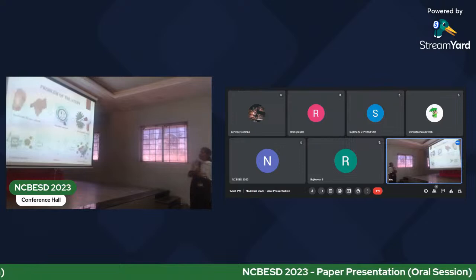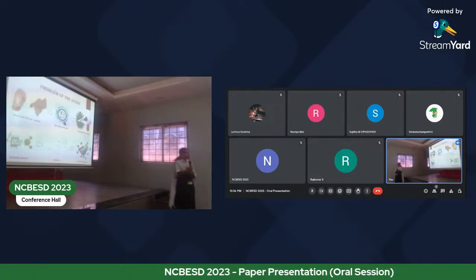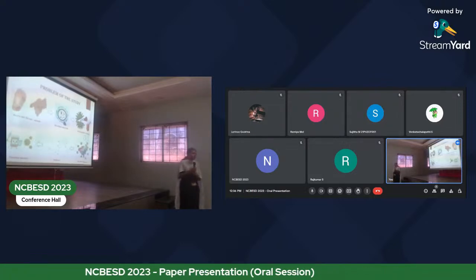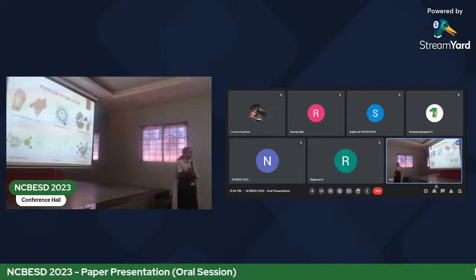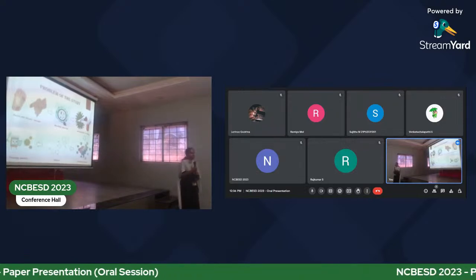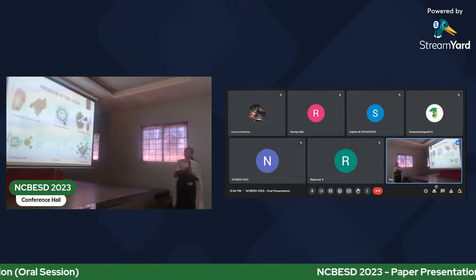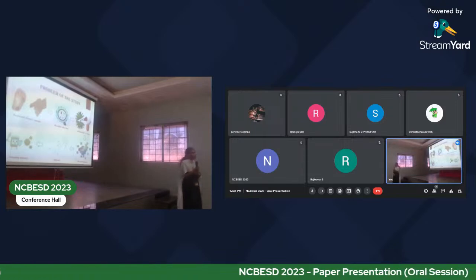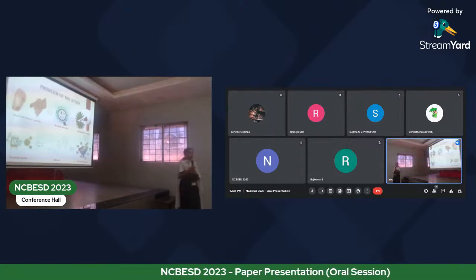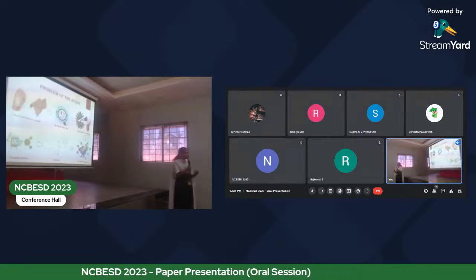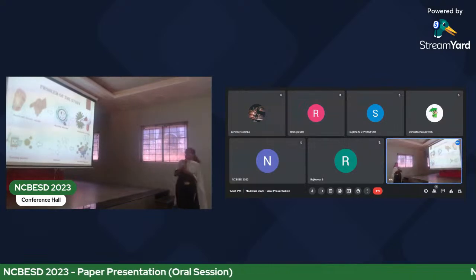So, as we know, acute and chronic wounds have become a serious health concern in the hospital-acquired environment, and microbial infections are the primary source of worsening the acute and chronic wounds.